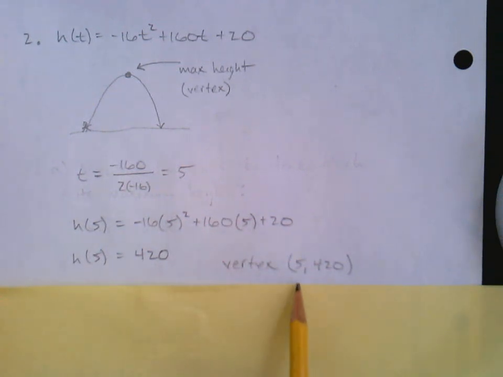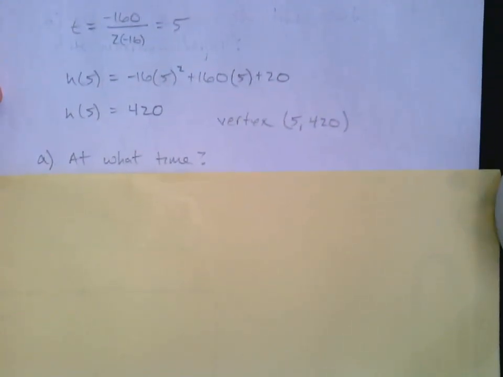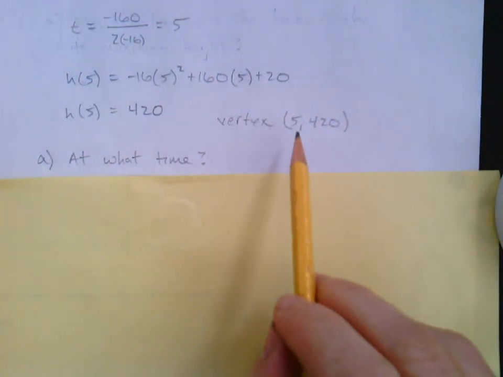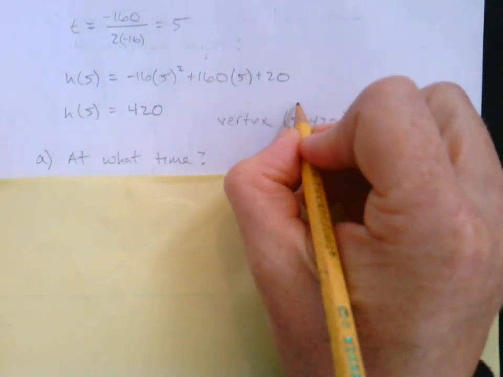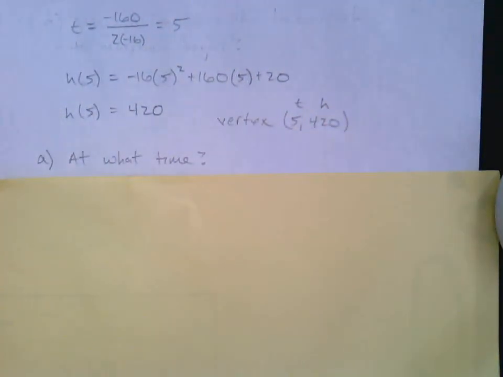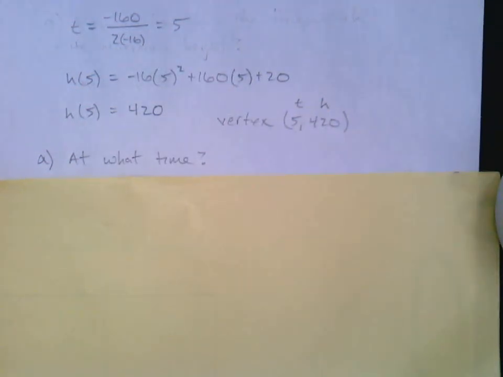Okay, so now that we know where the vertex is, let's take a look at what they asked us. Part A was, at what time does it reach its maximum height? It turns out that's just the x-coordinate of the vertex. That's the t, and that's the h. The time to reach the maximum height is 5 seconds.